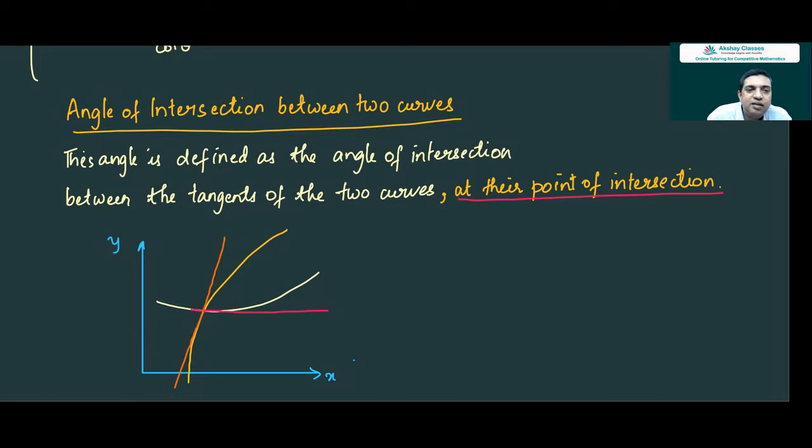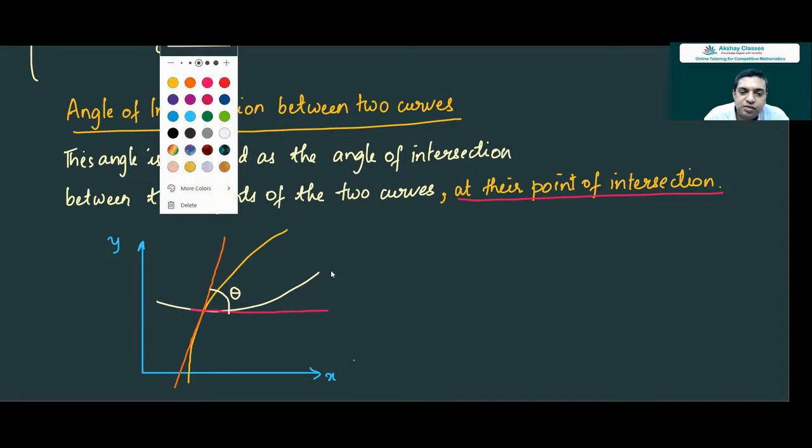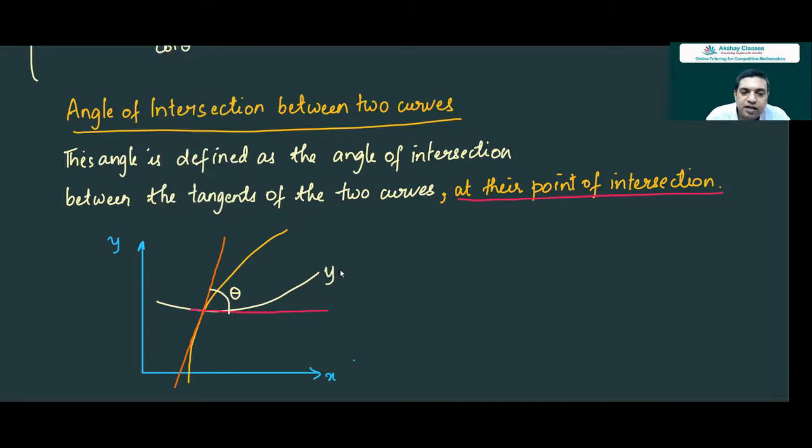Now the angle between these two is the angle between the curves. So if the first curve is y equal to f of x, and the second curve is y equal to g of x.